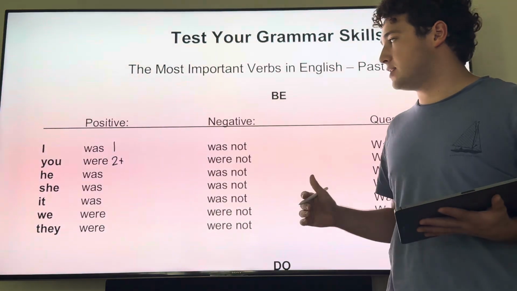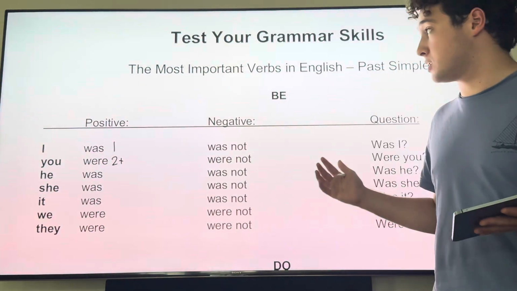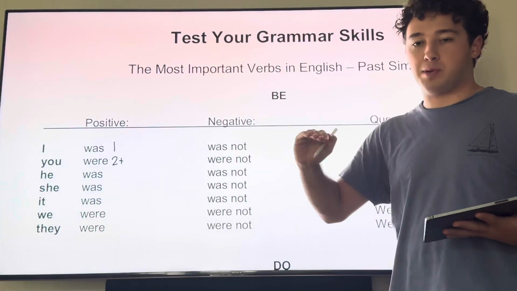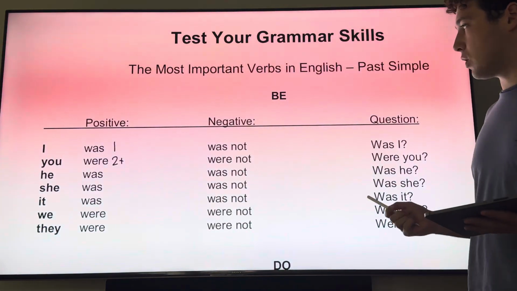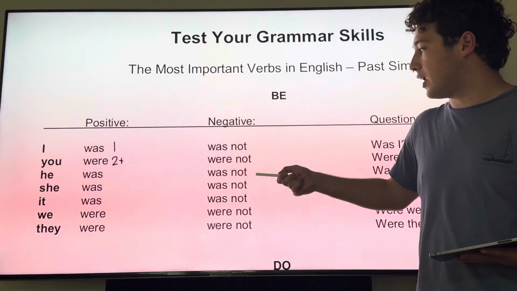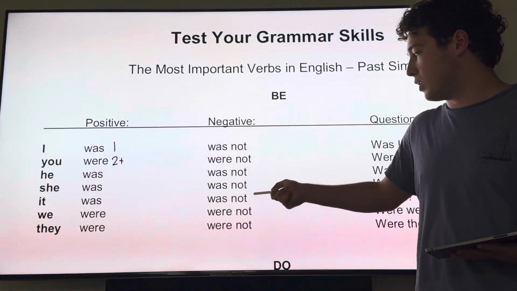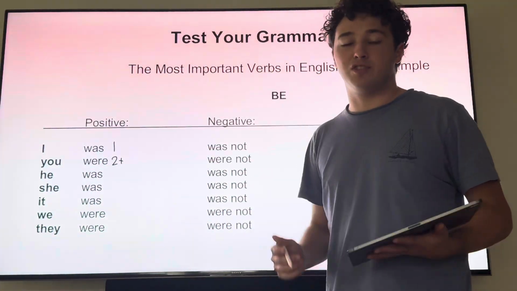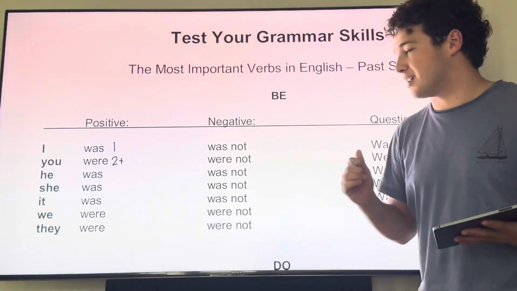So that is the only thing with the past simple of be, was and were, single and plural. And then, of course, it has the same for the negative with not: was not, were not. Same exact as the positive, just adding the not to make negative.